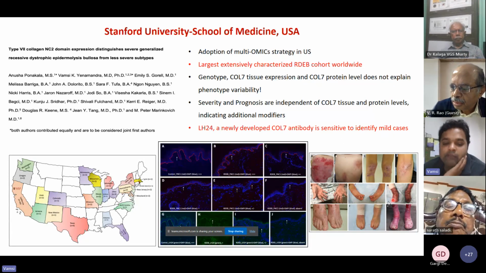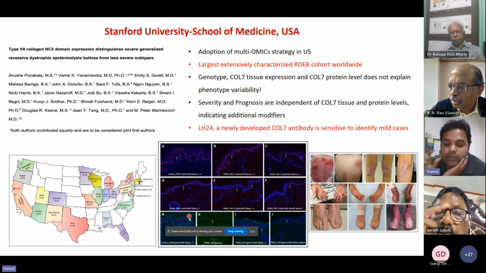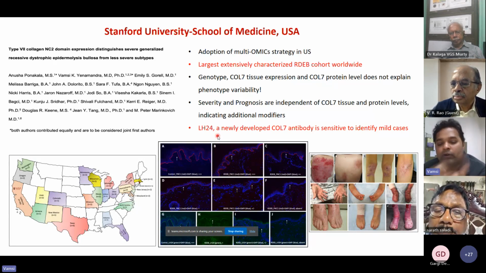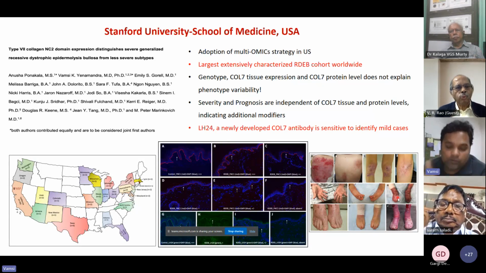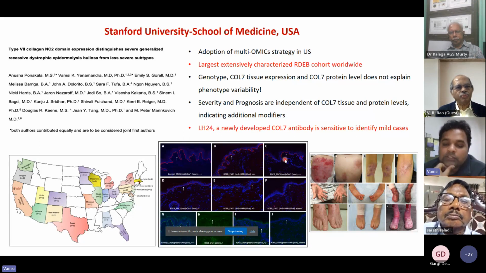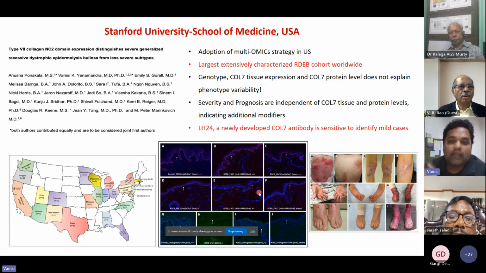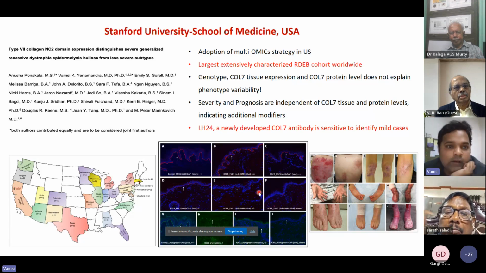And with the help of Peter Marinkovich, we could identify an antibody which specifically targets the NC2 domain, and this mediates the phenotypic severity. If you have a staining, you can actually predict the severity of the dystrophic EB patients. Conventionally, the antibody that we use is not very predictive, and hence the mismatch in the phenotype-genotype correlations that we have. This is very soon coming out online.